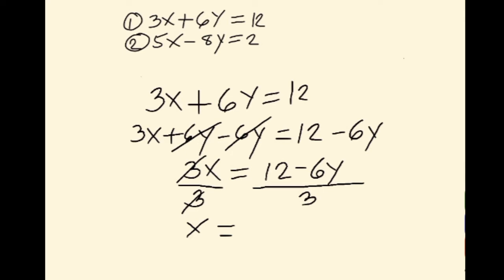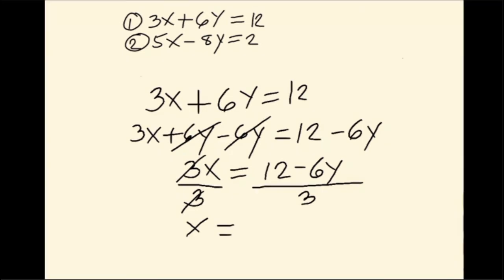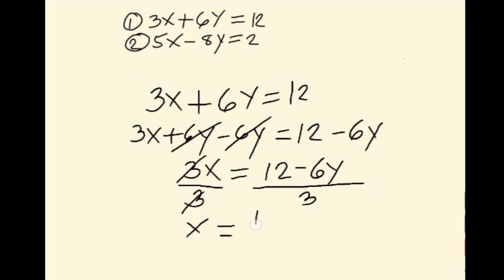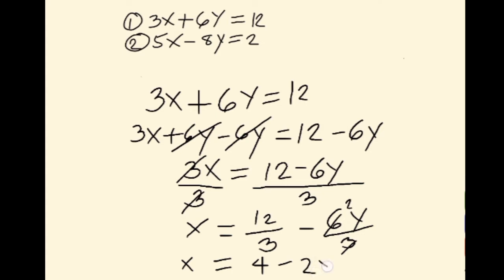Now on the right side, this is 12 minus 6y divided by 3. It's the same as 12 divided by 3 minus 6y divided by 3. So 12 divided by 3 is 4. 6y divided by 3: 6 divided by 3 gives us 2, so it will be minus 2y.